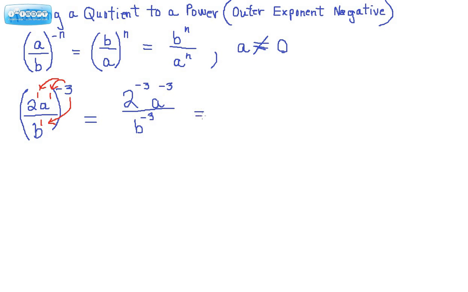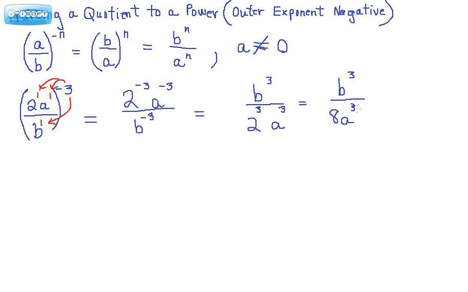Well, since we have negative exponents, to make these positive, we can just write the reciprocal and change the signs of the exponents. So that's going to make all our exponents positive. And then we would actually raise 2 to the third power, and we're going to get b to the third. And 2 to the third is 8, and that would leave us over 8a to the third.